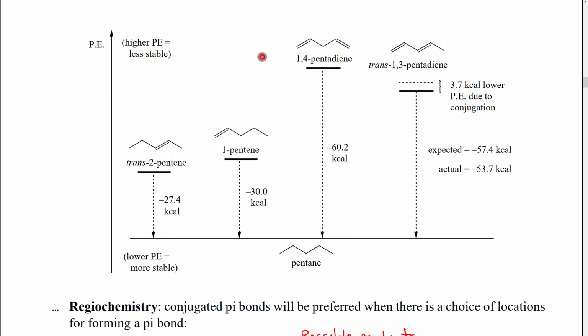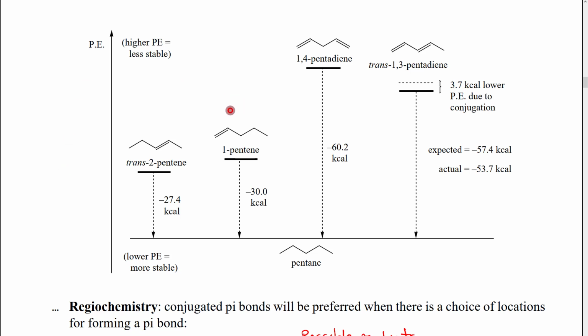So this is a diagram of an experiment that I first introduced when we talked about alkenes themselves and the stability of alkenes. We discussed this first in chapter 7 in first semester.